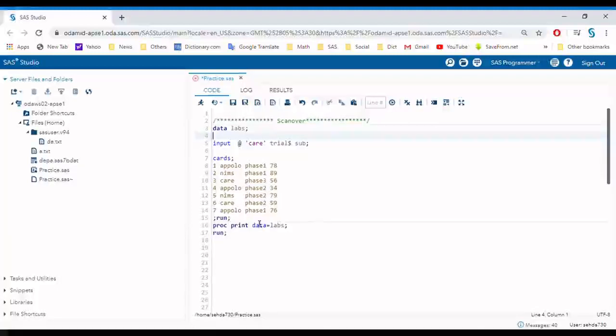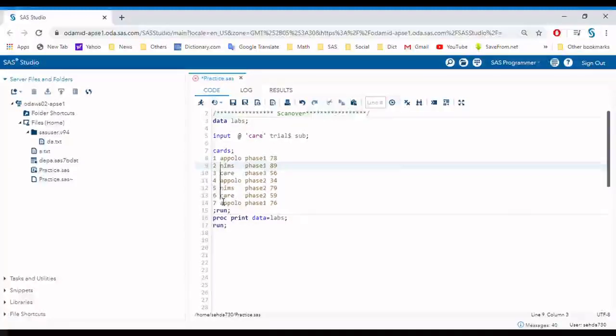So let's say we have this data, again the labs data, and in the labs data, let's keep the data like this. Okay. So scanover is an infile option, but we do not use this scanover option in the infile. We directly use it under input.